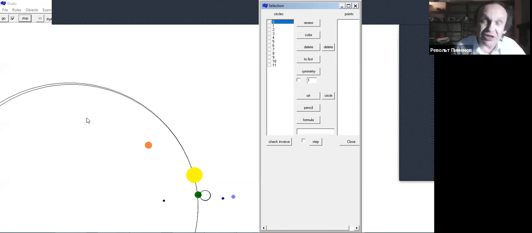These two circles are moved by composition of inversions by the first, and the Moon moves about this and about the first. For this reason, the Moon goes near the Earth.